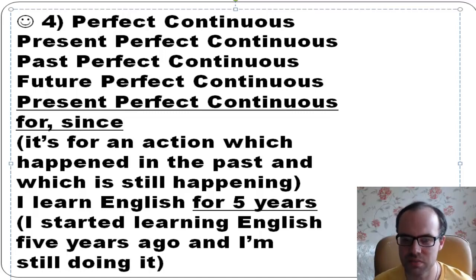So it's present perfect continuous, and in this case, you need to use present perfect continuous.